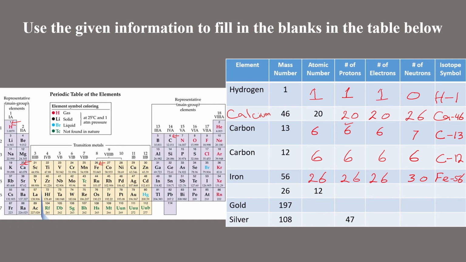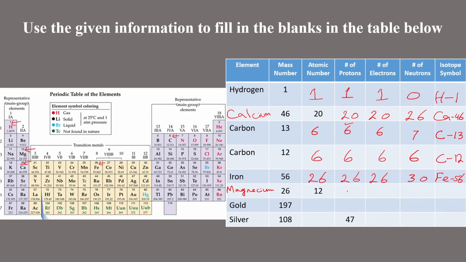Okay, next we have element is not given, its mass number is here and atomic number is here. With 12 atomic number, we can identify which element it is. It is magnesium. Okay. Sorry, mass number is 26.